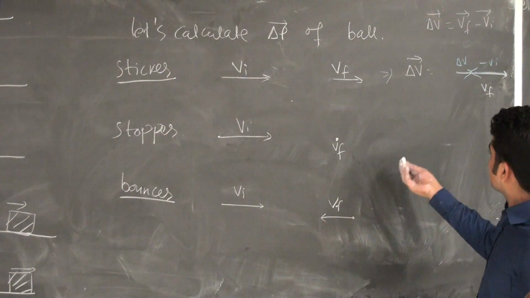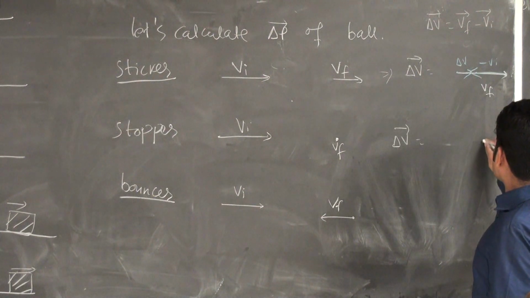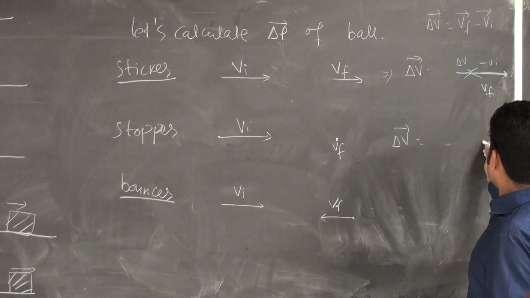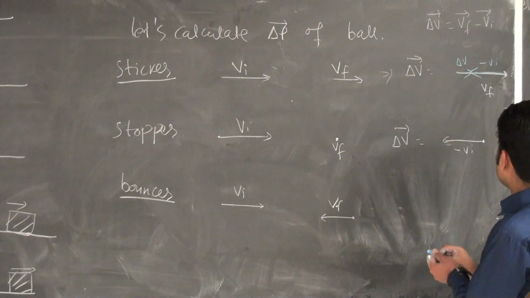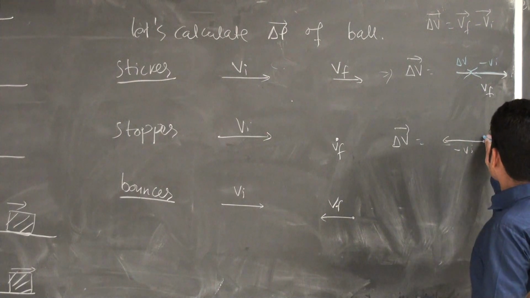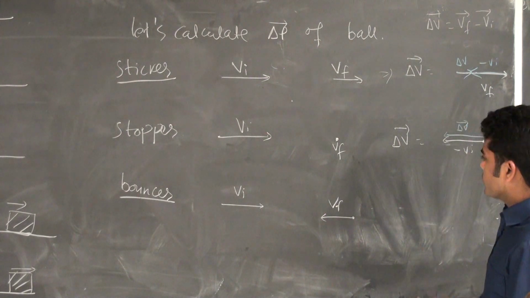In the case of stopper, del V is something like this: this is the final velocity, and the initial velocity is minus Vi in this direction. So this is the change in velocity.